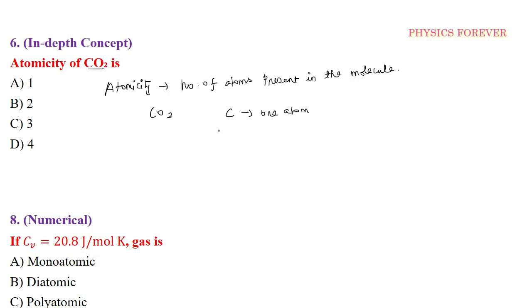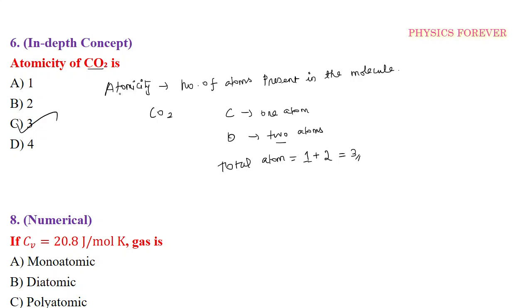Then oxygen, 2 atoms. Total, carbon 1 atom plus oxygen 2 atoms, 1 plus 2, 3 atoms. So in the CO2 molecule, how many atoms are present? 3 atoms are present. Okay, so option C is correct.